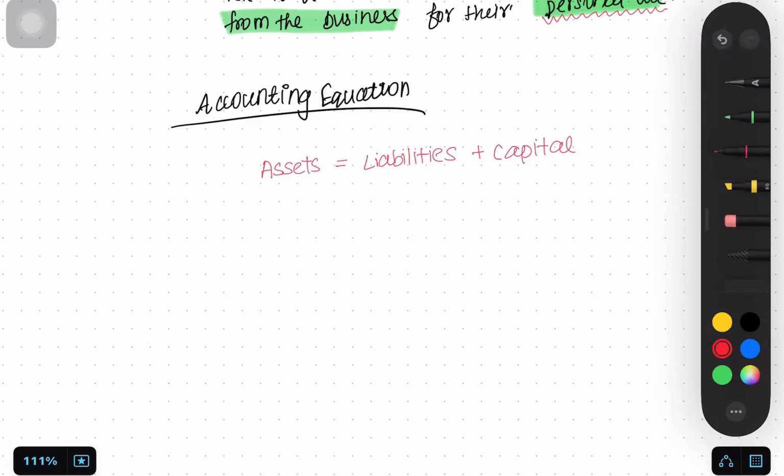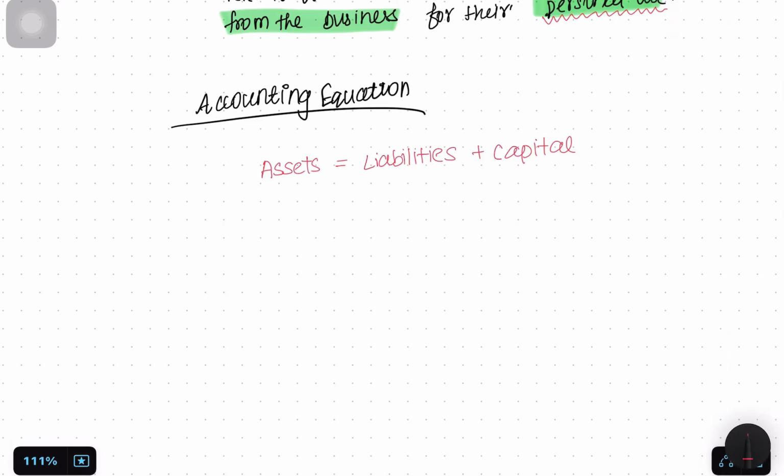An easy way to remember all three equations when they are asked in different questions is this: when liabilities are asked to be found, always assets is in the front, minus the capital. When capital is asked, you put assets in the front minus the liabilities.